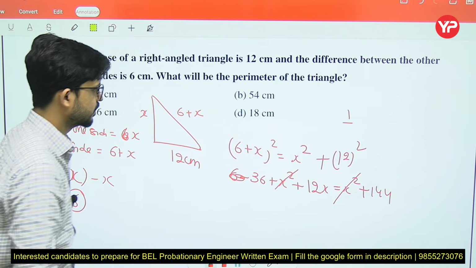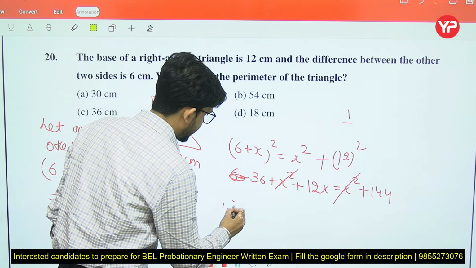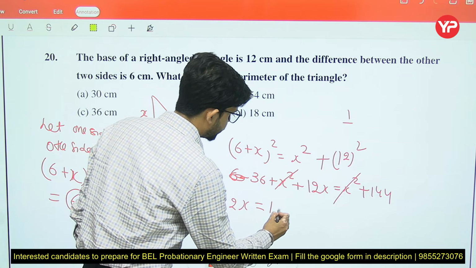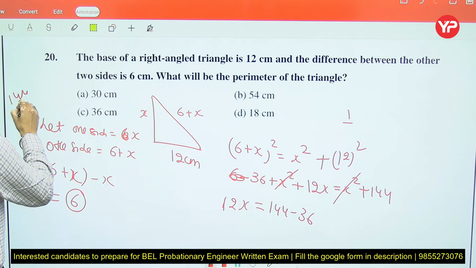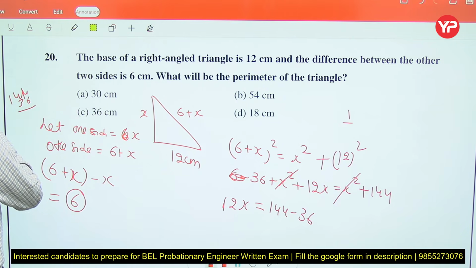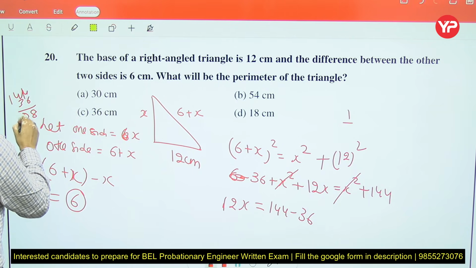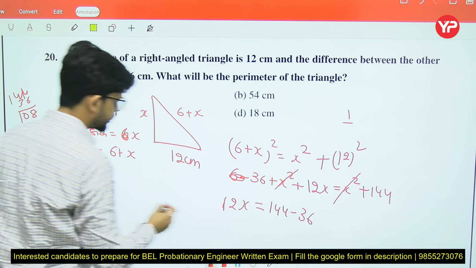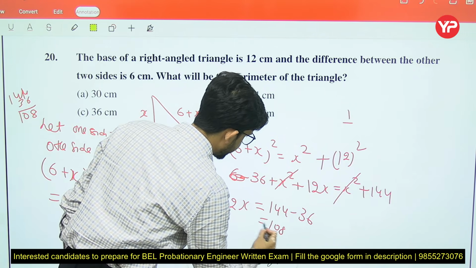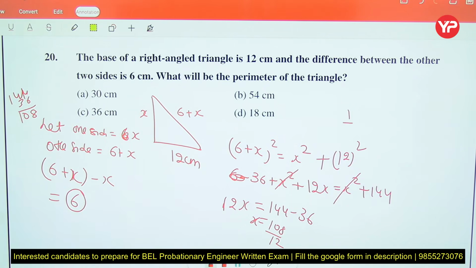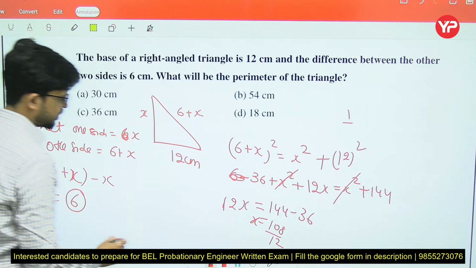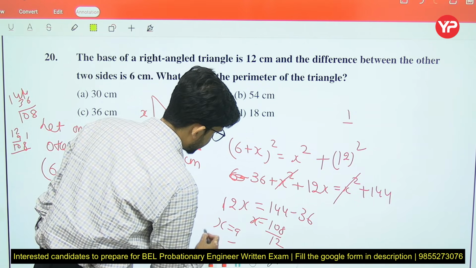Now 12x is equal to 144 minus 36. If I subtract 36 from 144, we get 108. 108 by 12 will be 9. So our value of x will be 9.